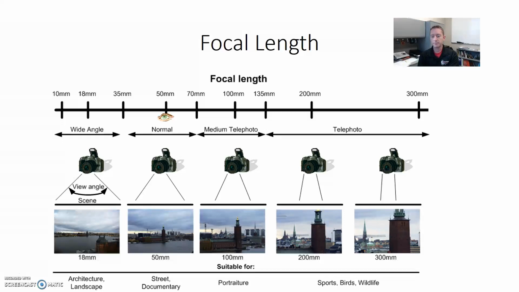The idea here is that wide angle is perfectly fine for a lot of our landscape photography and some of our architectural work. But when we want to actually document something, what we call documentary photography, which CSI is, we're documenting our crime scenes. We want that 50 millimeter lens or so.